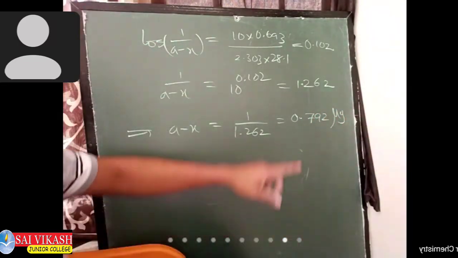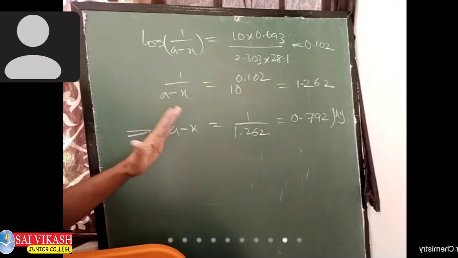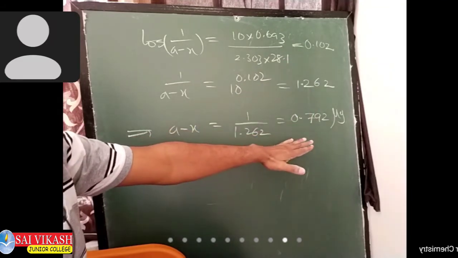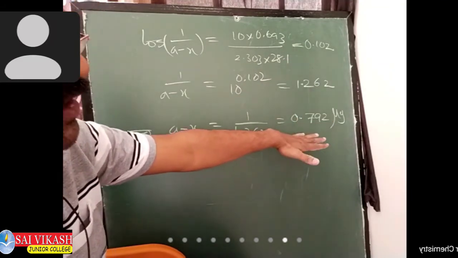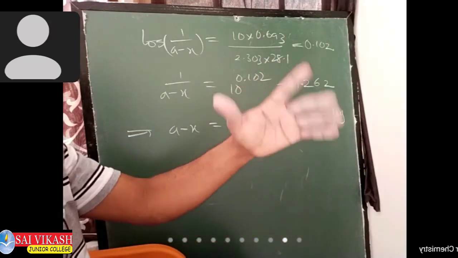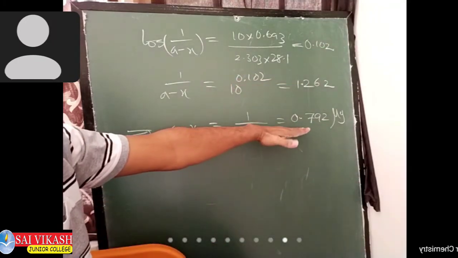See, initially 1 microgram was taken, but after 10 years this much microgram is left. Means almost 0.78 left, means 0.22 gone. In 10 years, 0.22 amount decreased. This is the amount left after 10 years.